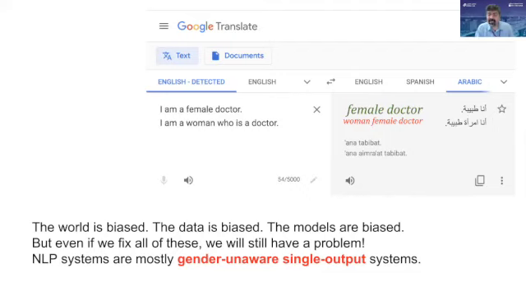Now, some tactics people in the field have tried was to basically prime the system with information that would push it toward the right direction. Like saying, I'm a female doctor, or I'm a woman who is a doctor. You actually get some decent outputs, like ana tabiba, and the imra'a tabiba sounds like, oh my God, is that possible? That's really not what you want, but that's also what the English kind of implies in some way.